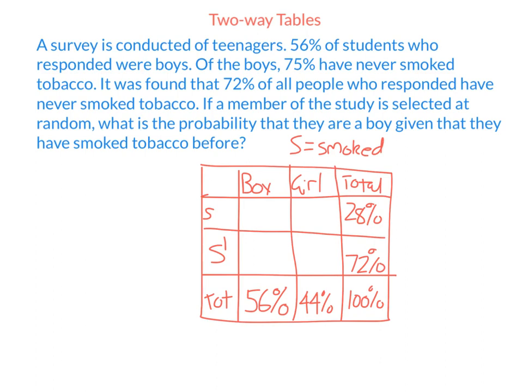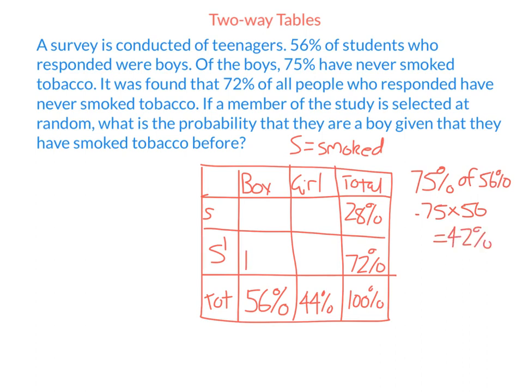So we're talking about boys who've never smoked. We can't put 75% here because these two cells only add to 56. What we do instead is we're finding 75% of those 56% boys haven't smoked. So on your calculator, you just put 0.75 times 56, you get 42.